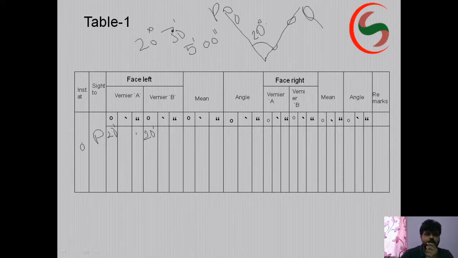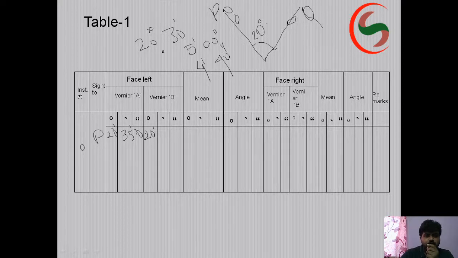Here, this is the main scale reading. This is vernier A. Now, at vernier A, how much do you have to write? 30 plus 5, 35 minutes 0. Now at vernier B, say I got 4 minutes 40 seconds.